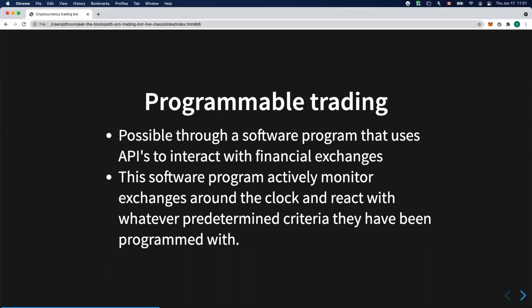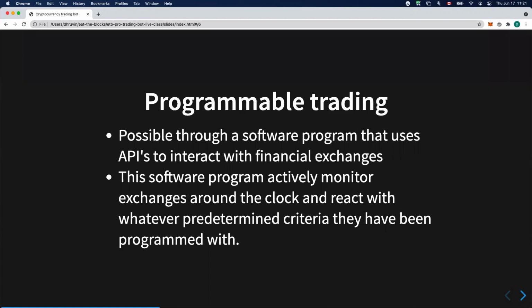The focus is going to be on those exchanges, and that's where we have designed this class around. So when we say that you can programmatically do trading, that means you need to write software. The moment you think about writing software, the question will arise: how will you be able to communicate with those exchanges?